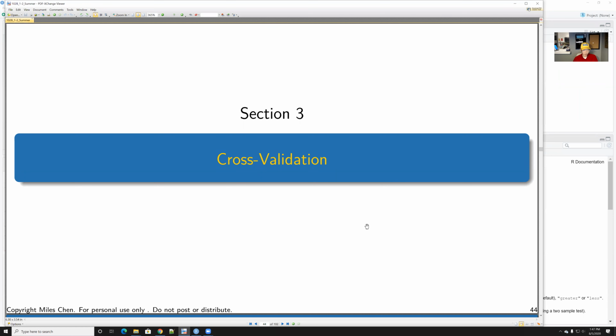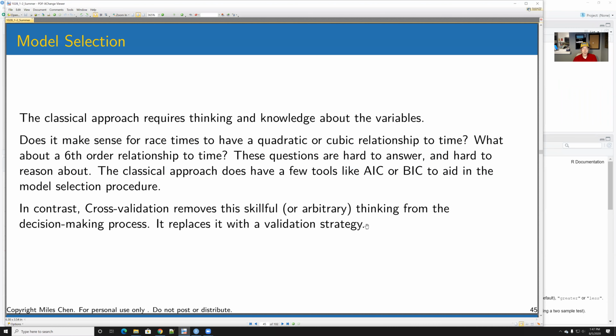Okay. All right, so cross-validation is a way for us to help decide what model we should use, okay? The traditional classical approach requires us to think about the variables, right? We'd have to think, does it make sense for race times to have a quadratic or cubic relationship to the year that the Olympics were held?